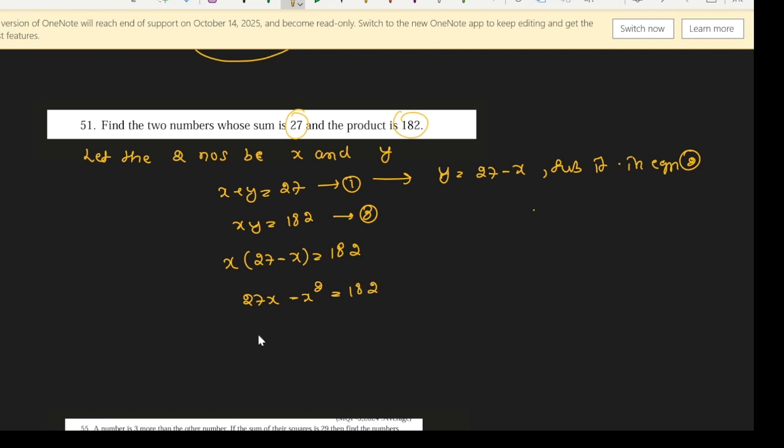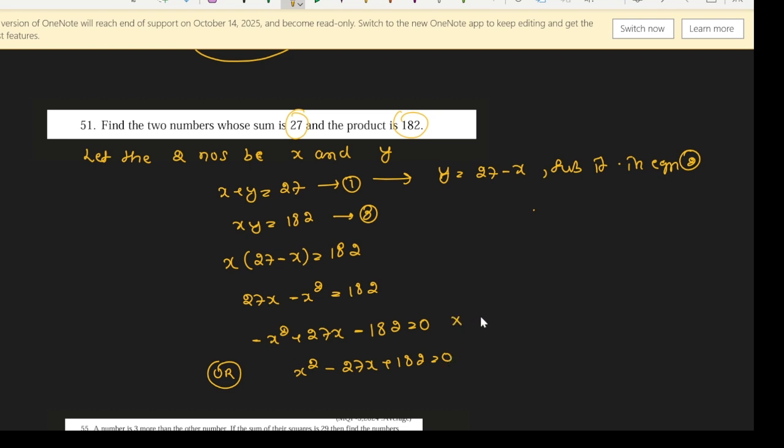182. So this can be written as what? Minus x square plus 27x minus 182 is equal to 0. Or else if you multiply both sides by minus 1, you can change the sign.